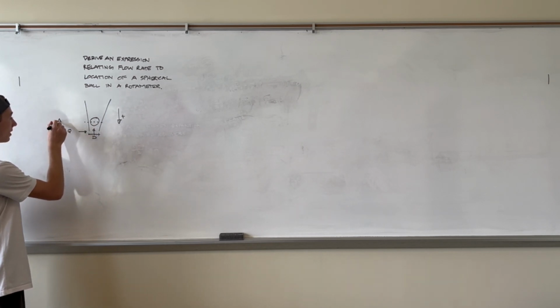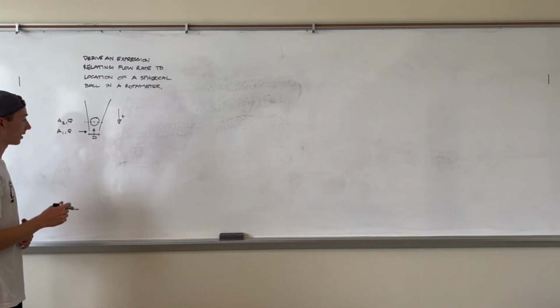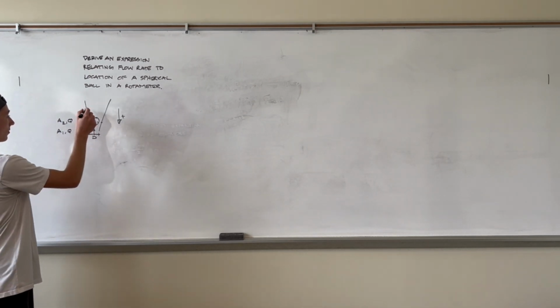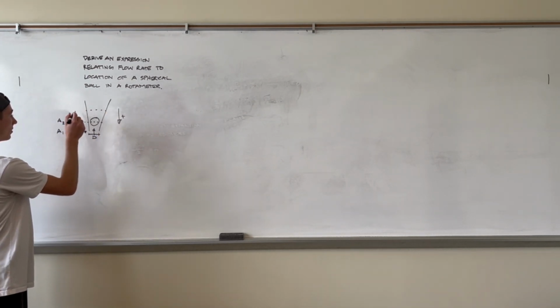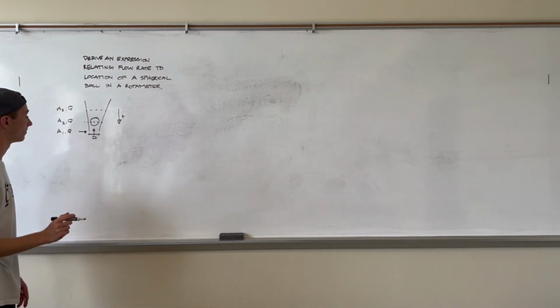That will have an area of A2 and a flow of Q. The same flow is going through the whole thing. And then zone 3 up here past the ball will have an area of A3 if we need it, and again, a flow of Q.